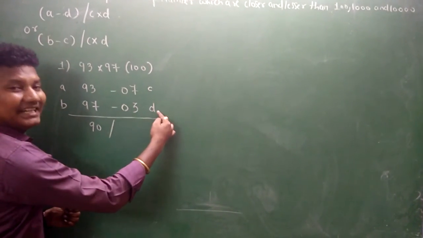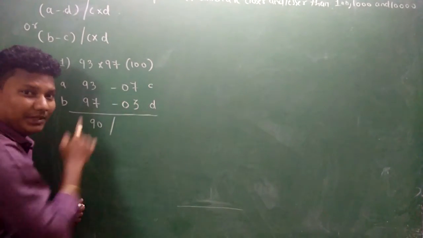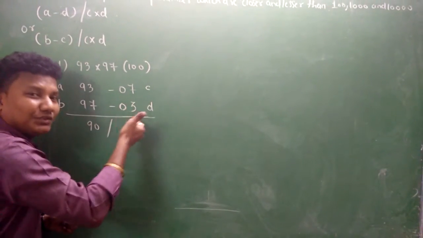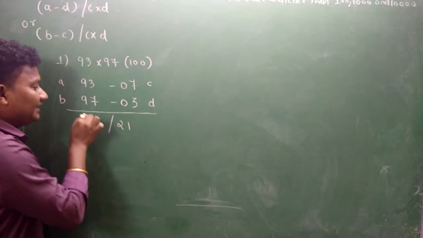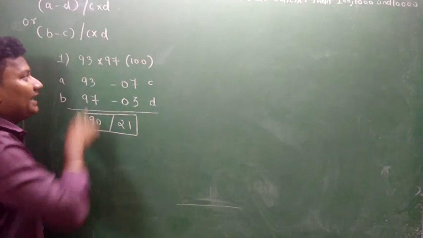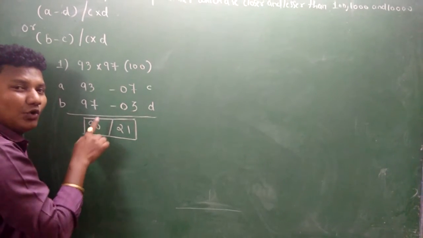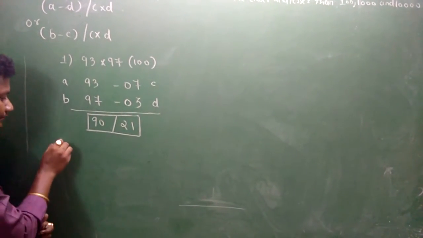We have the values of c and d: 07 into 03, because we have to multiply c into d. 7 threes are 21, so 07 into 03 gives 21. So we got the answer: when you multiply 93 into 97 you will get 9021.